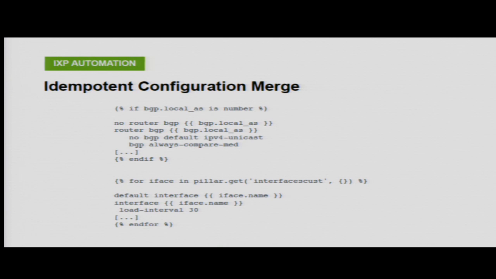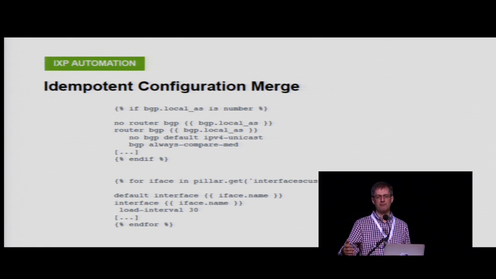Same with interfaces. We have default interface, which wipes out absolutely everything on the interface. And that is wonderful because it means that when we issue a Salt or NAPALM defined template to a switch, for that particular configuration stanza, it's effectively starting off with a clean slate.